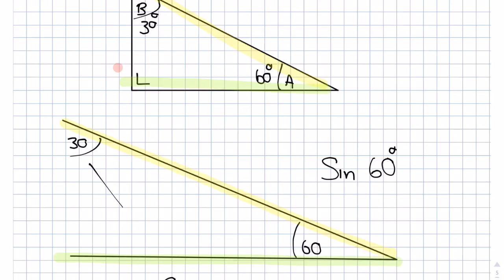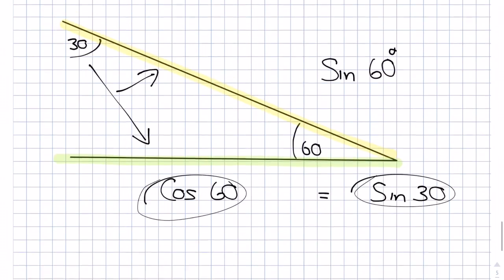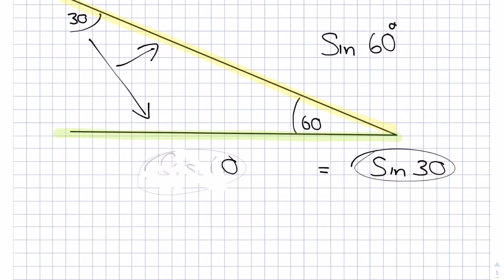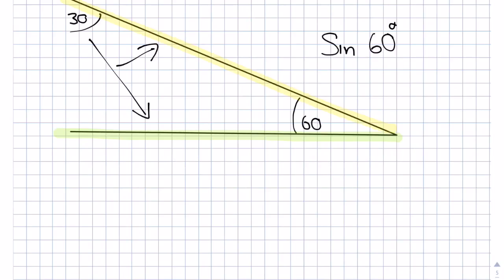The sine of 30 is opposite over hypotenuse, which is what cosine is. They are complement angles to each other, which is where the word cosine comes from. They're complement angles. So I hope I'm explaining that enough, but again, this is a revision video, it's not an actual class.